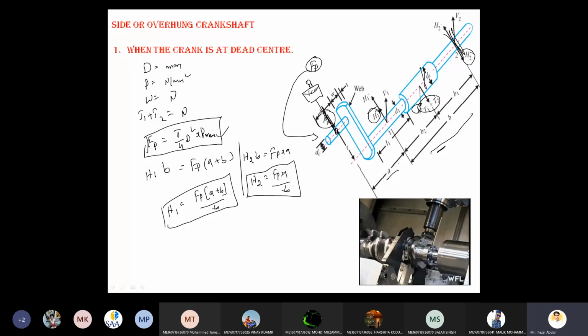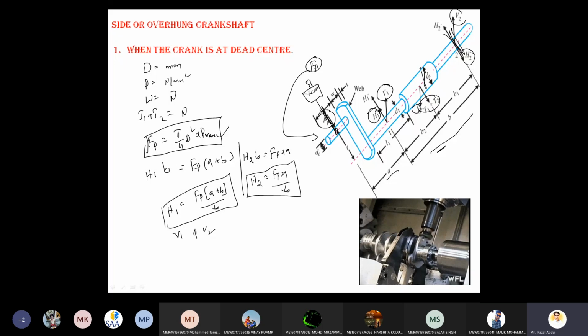Okay. And due to the weight of the flywheel, there will be two vertical reactions, V1 and V2. So what are those now? I'm taking the moment about V1. Where is the V1 here? Here it is V1 and here it is V2.